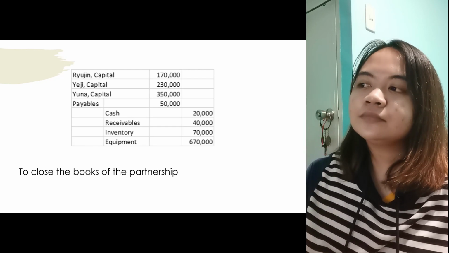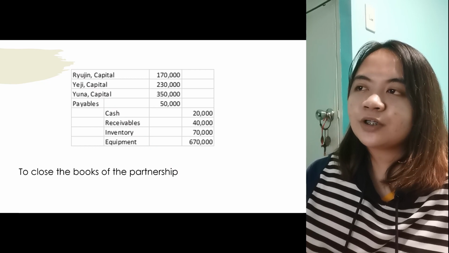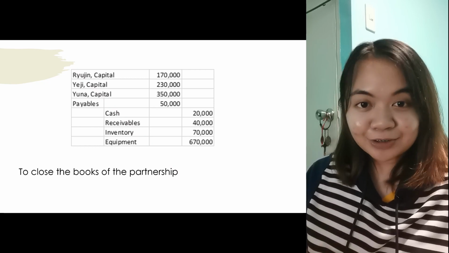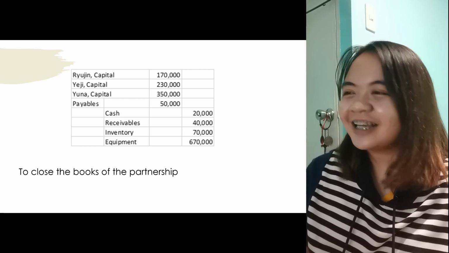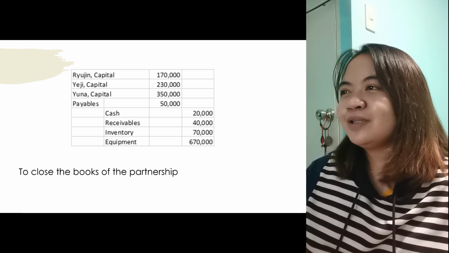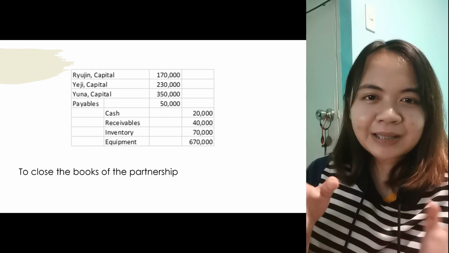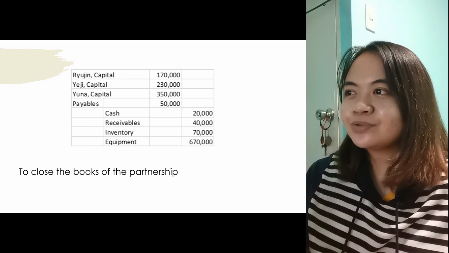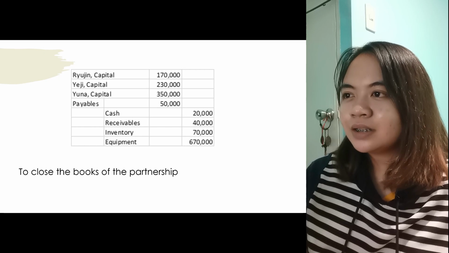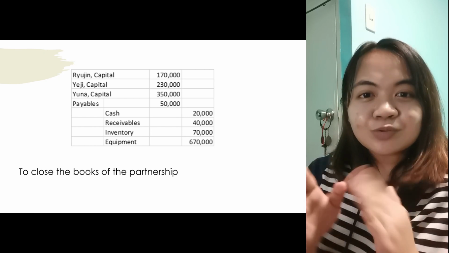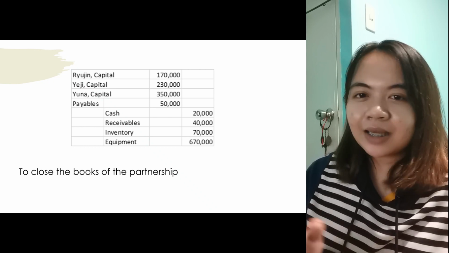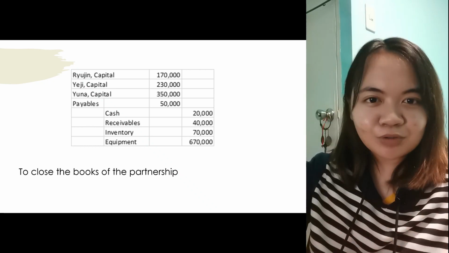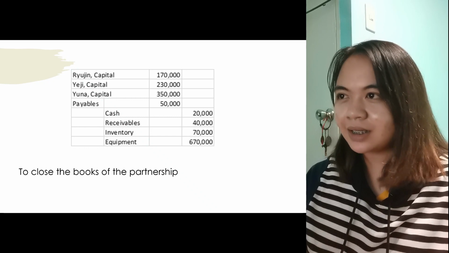Okay? Next, to close the books of the partnership. Of course, don't leave it hanging. The BIR will scold you. Just kidding. So, we have debit, Ryujin capital. So, how do we close the books? You just close it, make its balances zero. So, how? If it's credited, you just debit it. So, that's refreshing your basic accounting.